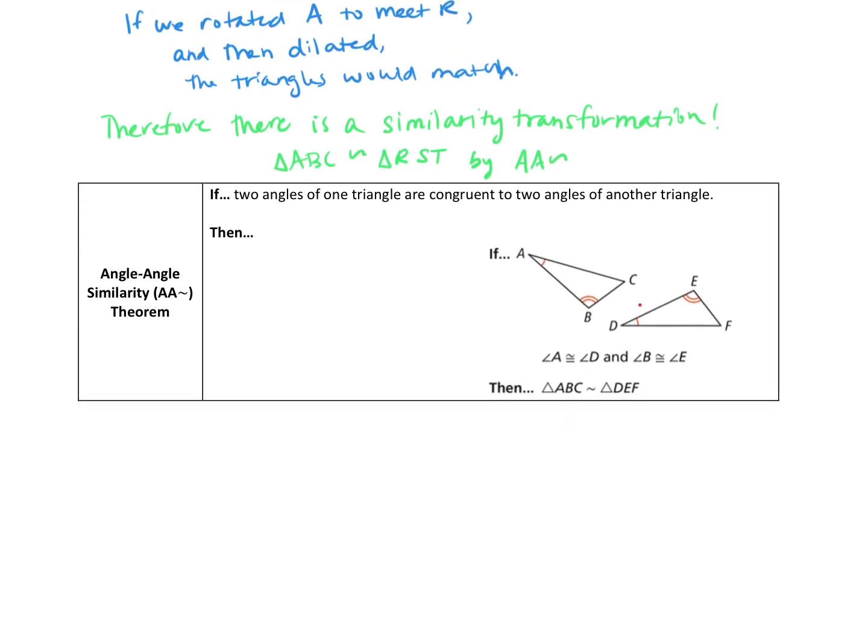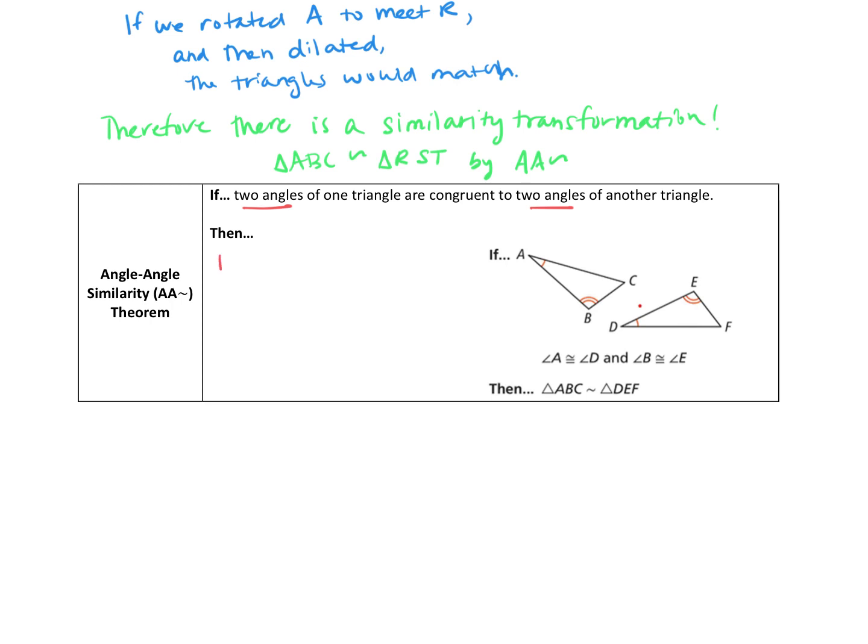So here's our angle-angle similarity theorem. If two angles of one triangle are congruent to two angles of another triangle, so there's your angle-angle, then the triangles are similar. And here's just that kind of drawn out.